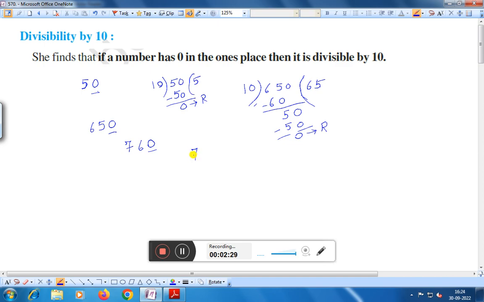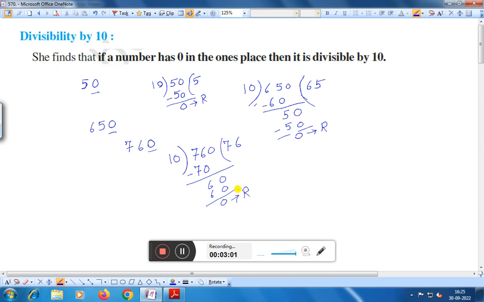Let us divide 760 by 10. 7 tens is 70, 76 minus 70 is 6, down 0, then 6 tens is 60. That means it is also divisible by 10 and the remainder is 0, right?